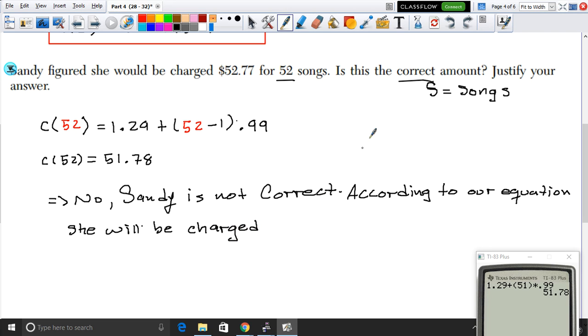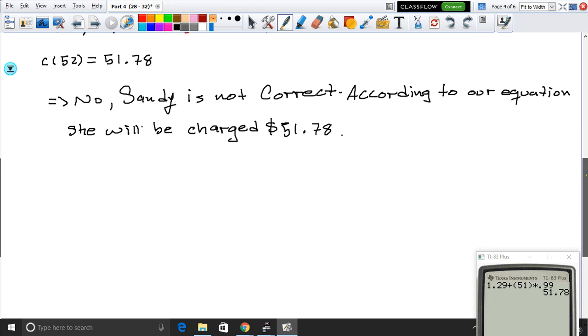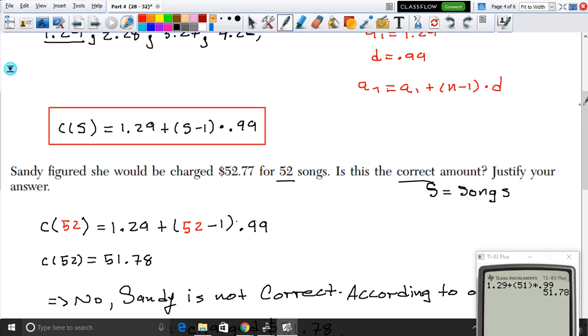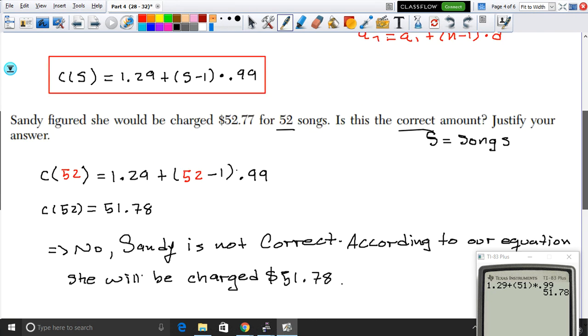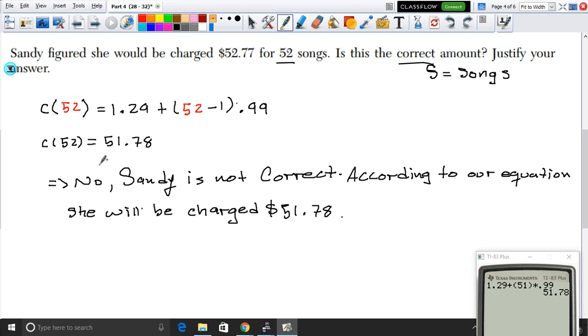Well, let me put the dollar sign there because we're talking about cost. So $51.78. So no, she's not correct. So we got an equation and we use that equation to justify the cost after 52 songs.